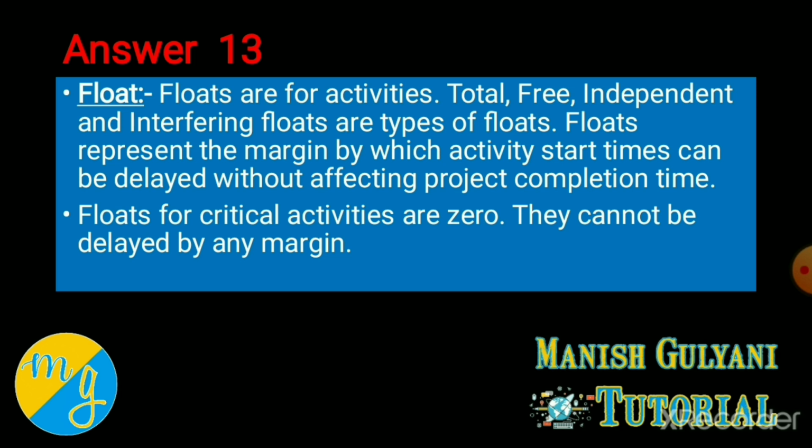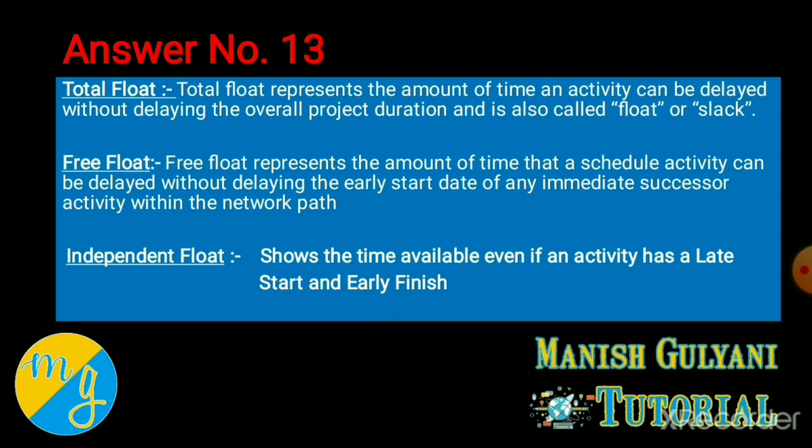There are mainly three types of float: total float, free float, and independent float. Now what is total float? Total float simply means the difference between latest starting time and earliest starting time, or latest finishing time and earliest finishing time.